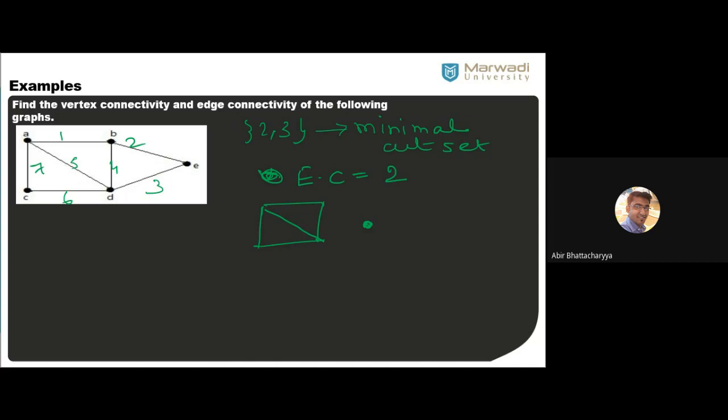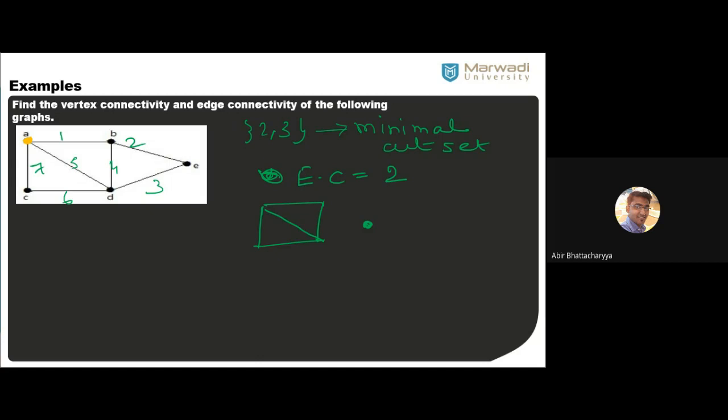So with more than one vertex, the first thing I can try, by trial and error, is A and C. If I remove A and C, the graph is still connected. So what we can do here: BD is possible, or else AD.